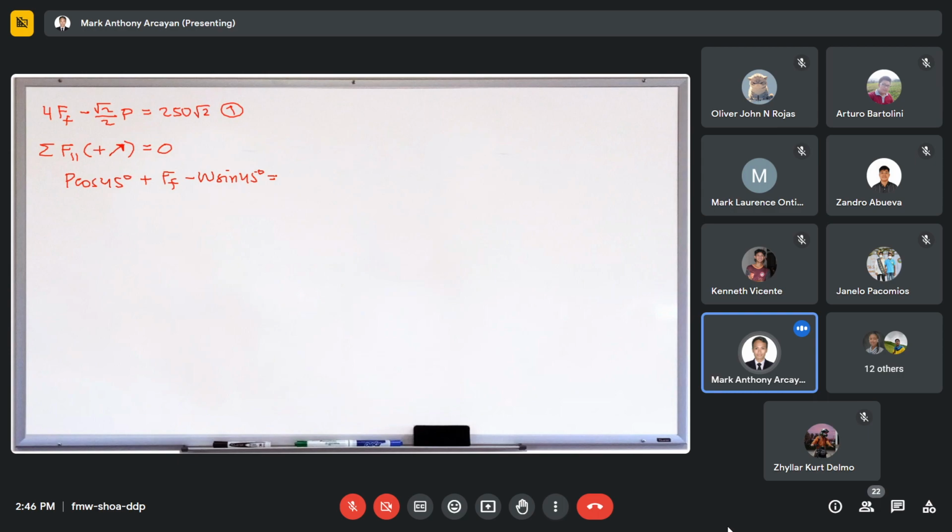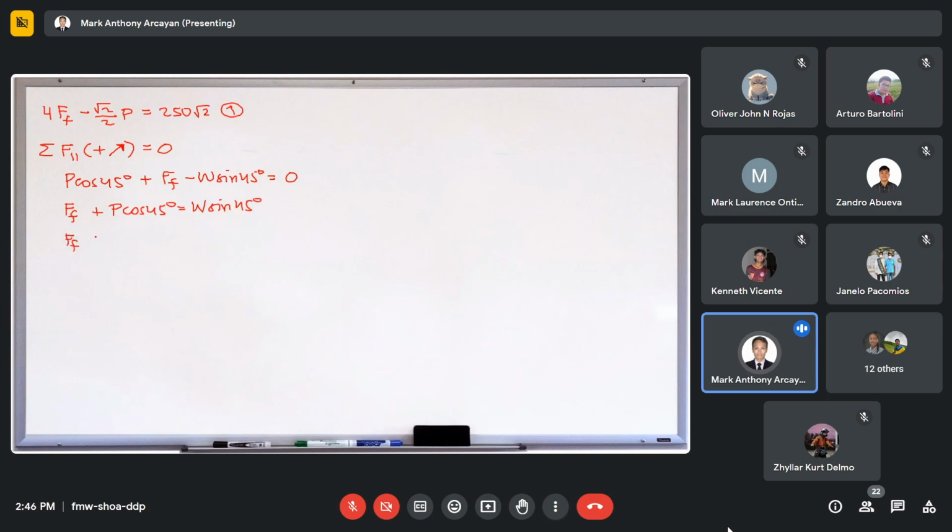So we rewrite the frictional force so they have the same format as equation 1. So F sub F plus P cosine 45 degrees, transposing the W sine 45 to the right side. This is equal to W sine 45 degrees. So, substitute the given.